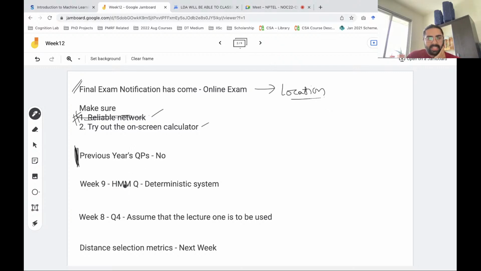So yeah, week 9 we had the HMM question we were talking about last time. The argument there is that the Fibonacci series itself in the first place is a known system in some way. There's no probabilistic thing required here, so there's no point using HMMs for the Fibonacci series, right?